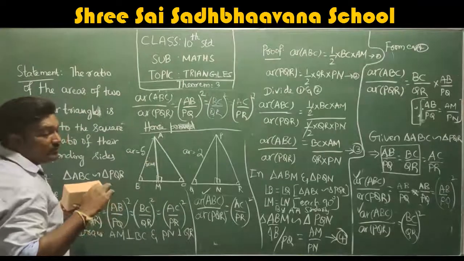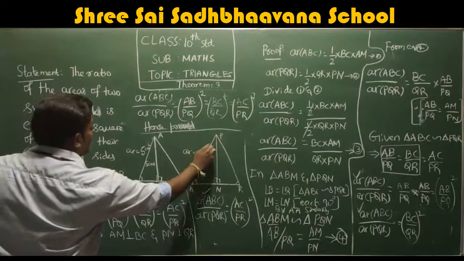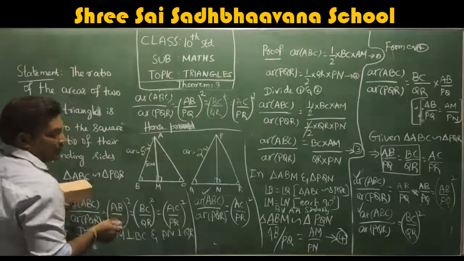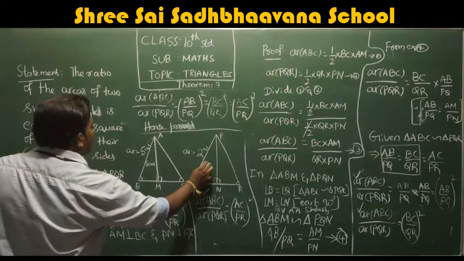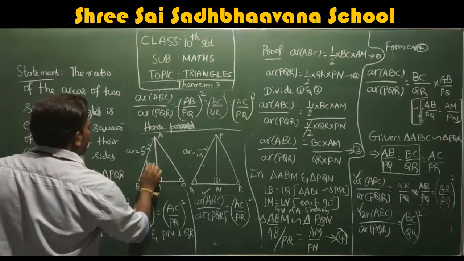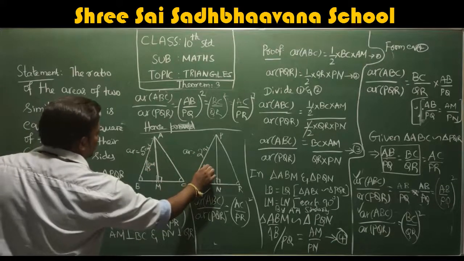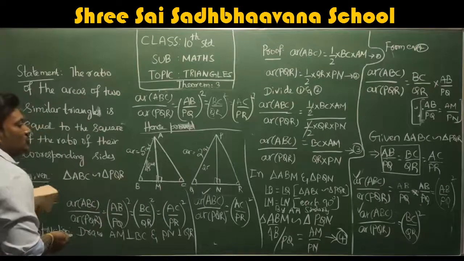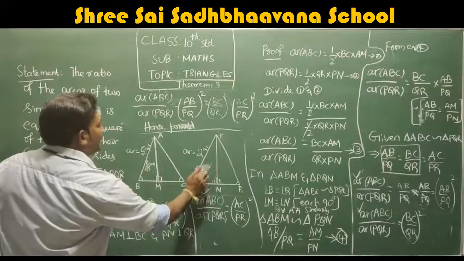Area we write in centimeter square, and length in centimeters. Imagine AB is 5 centimeters. Then you take this as 25, and this area as 4.